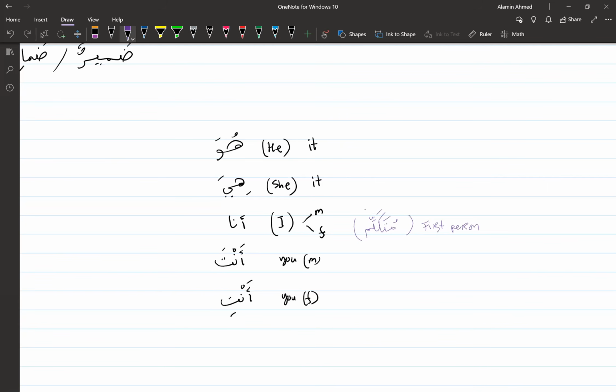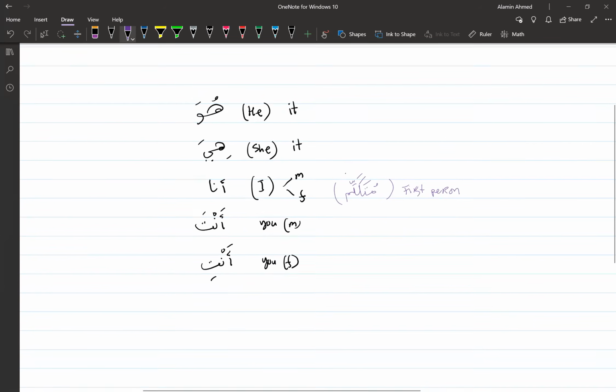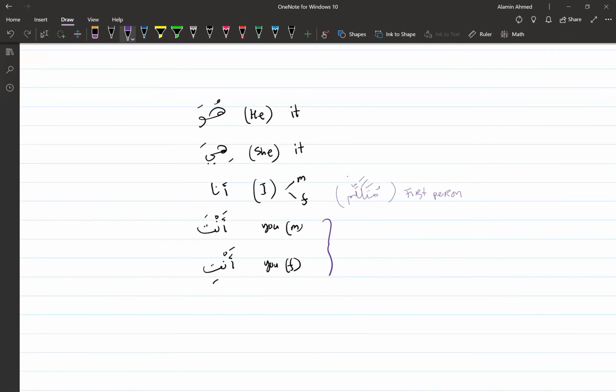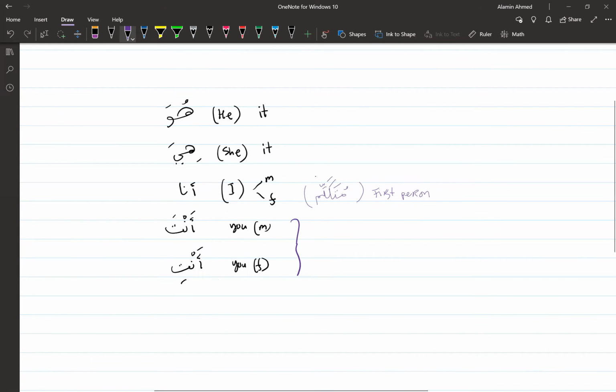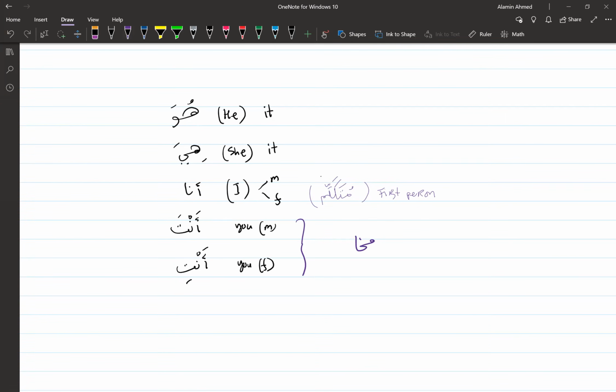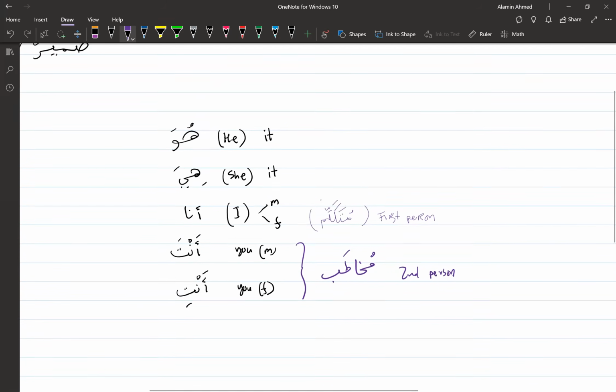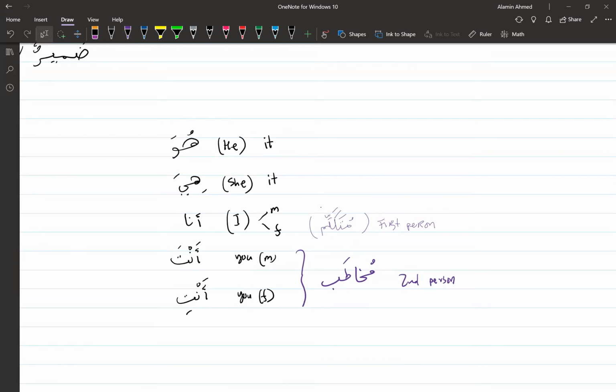Now, in the singular first person, we only have ana, right? So which are your second persons? Obviously, these are your second persons. And in Arabic, the second person is called mukhatab. Okay, mukhatab is second person. And what is the third person? We have huwa and hiya. And what is it called? It's called ghaib.